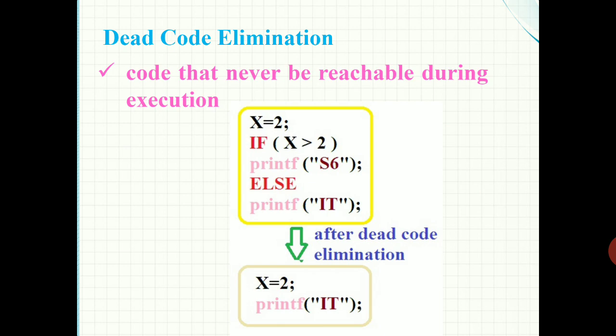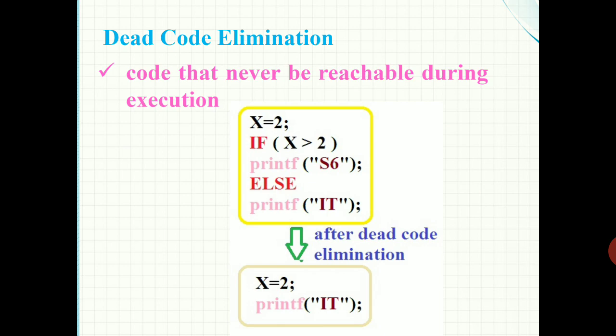So the code if x = 2 and print s6 is the dead code. If we remove that code, we will remove the else part also. So the code will become x = 2, then print it. That is the situation.